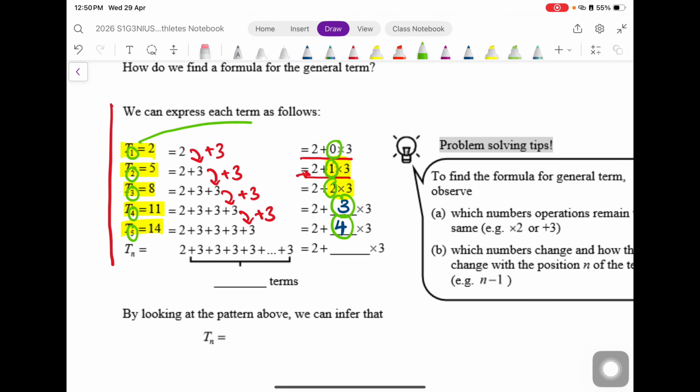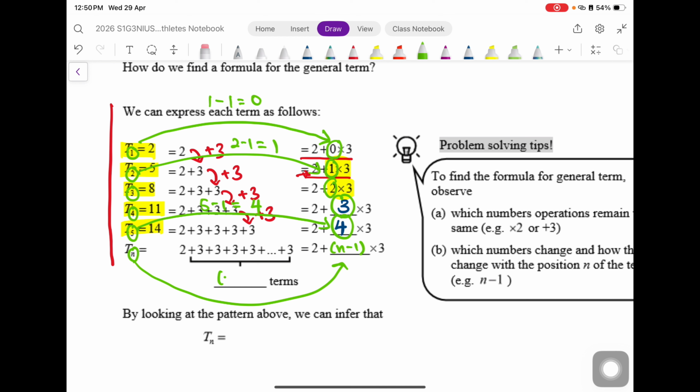We can always notice that from the term number to the number of 3's, it's always a 1 minus 1 equals 0 situation. Here, 2 minus 1 equals 1. Here, 5 minus 1 equals 4. So if I look at this number n here, can you then tell me how many 3's I am expected to get? I of course will expect to get n minus 1 number of 3's.